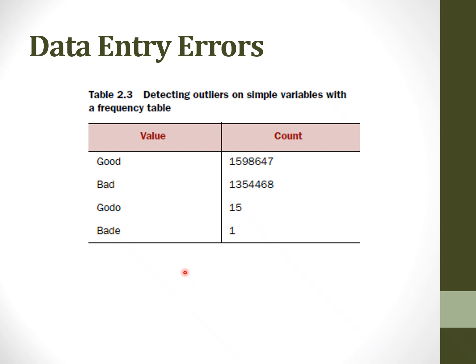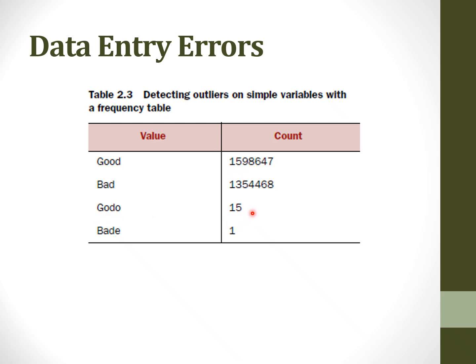We can see a table here. The number of times good is typed as good is somewhere around this value, and bad is typed as bad is somewhere around this value. Sometimes in the data entry process, due to typos, it can be typed as GODO.